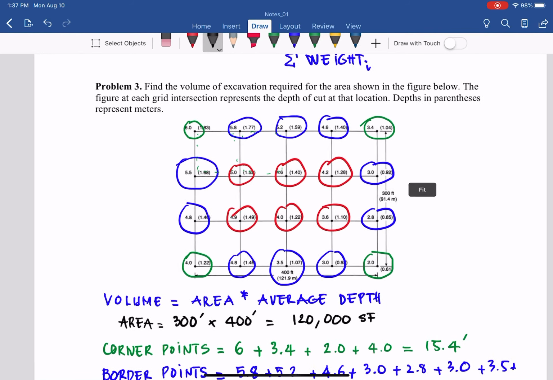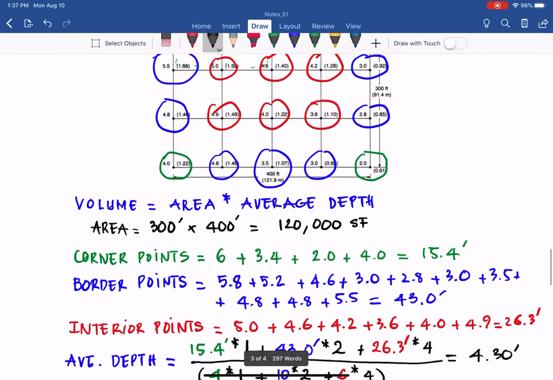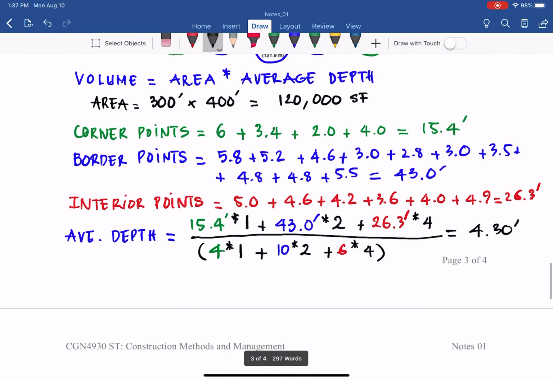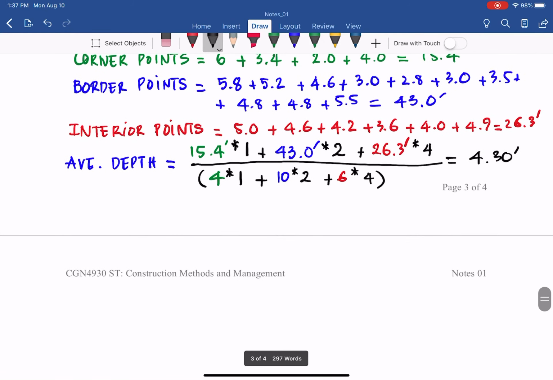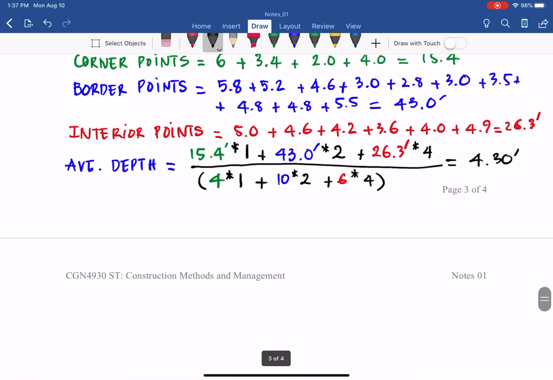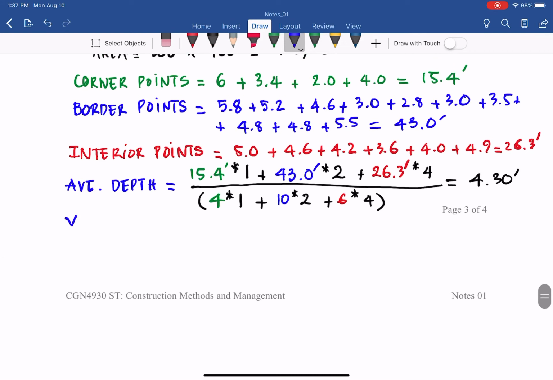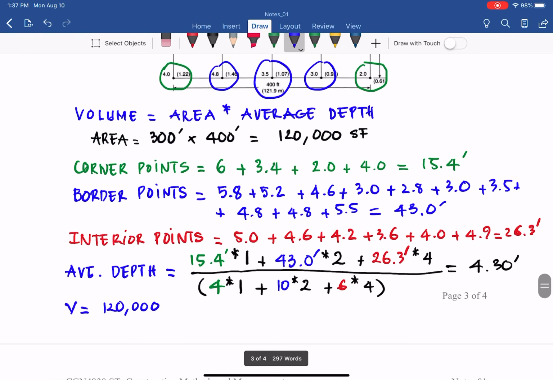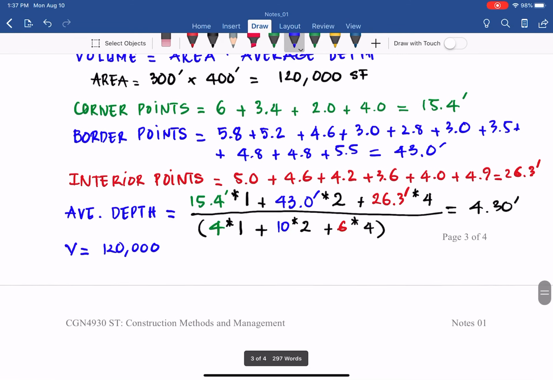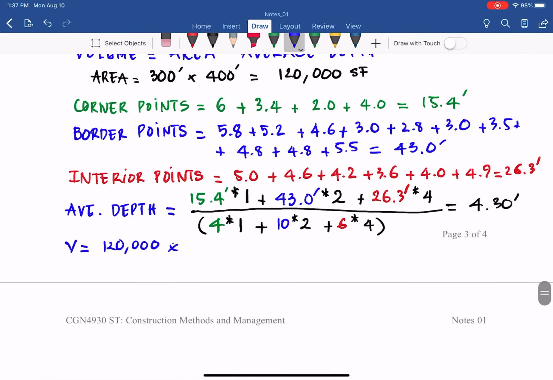Now we have the area and the average depth, so we can determine the volume of this excavation pit. V is equal to the area, 120,000 square feet, times the average depth 4.30, and we want to change that into cubic yards, so divide by 27.